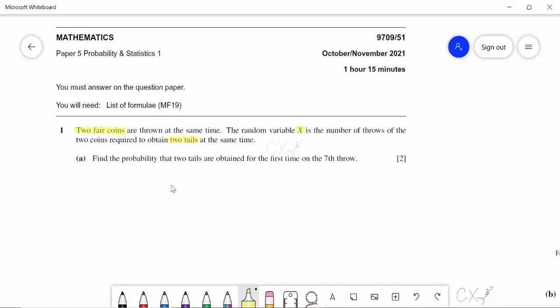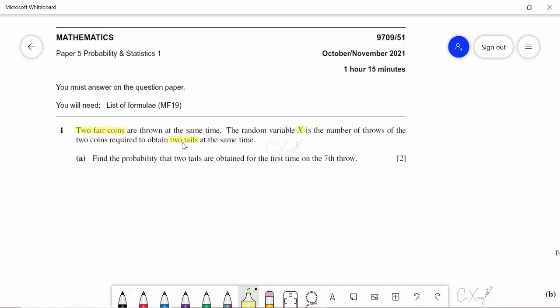That means the definition of X is how many times you need to throw until you obtain two tails at the same time. When you have the number of throws until two tails are obtained at the same time, it gives you a keyword or pattern telling you that it is the geometric distribution.